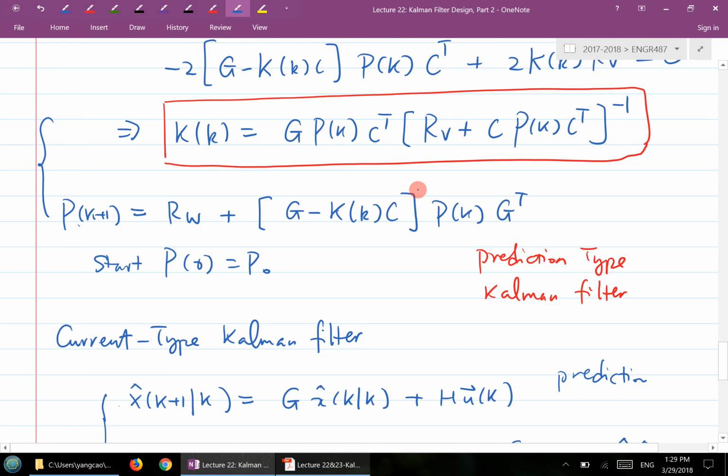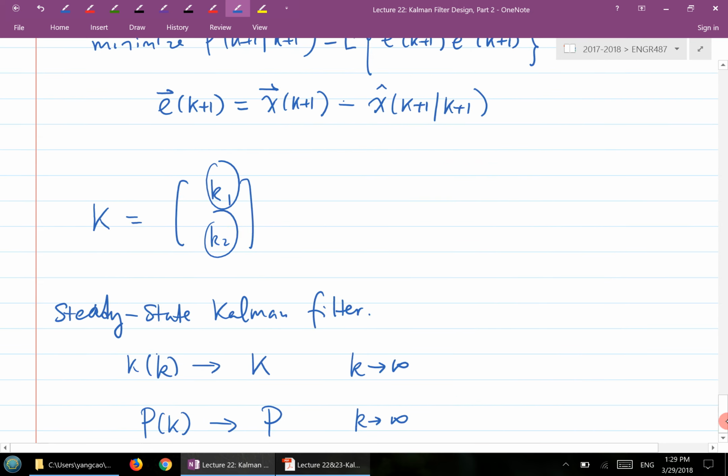So all we need to do is get rid of the k's, because they are going to be constant now, and leave the k out. That basically becomes a steady state Kalman filter here.